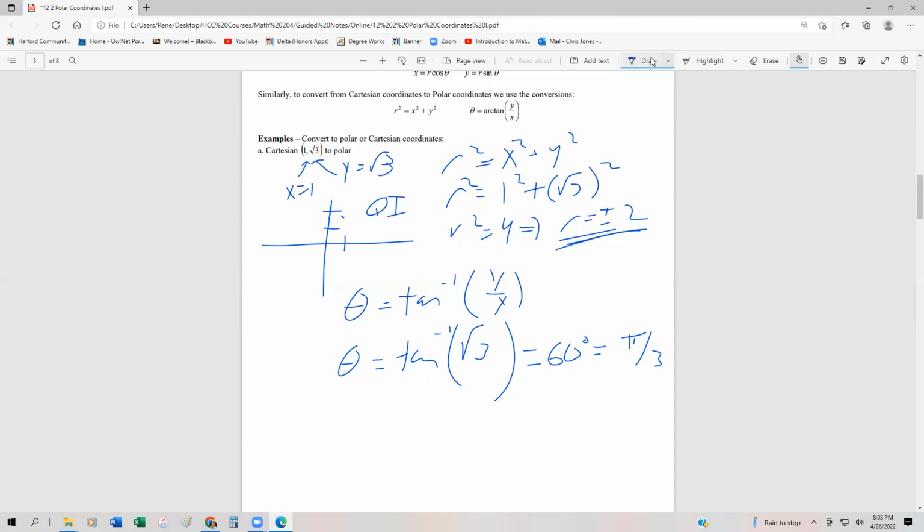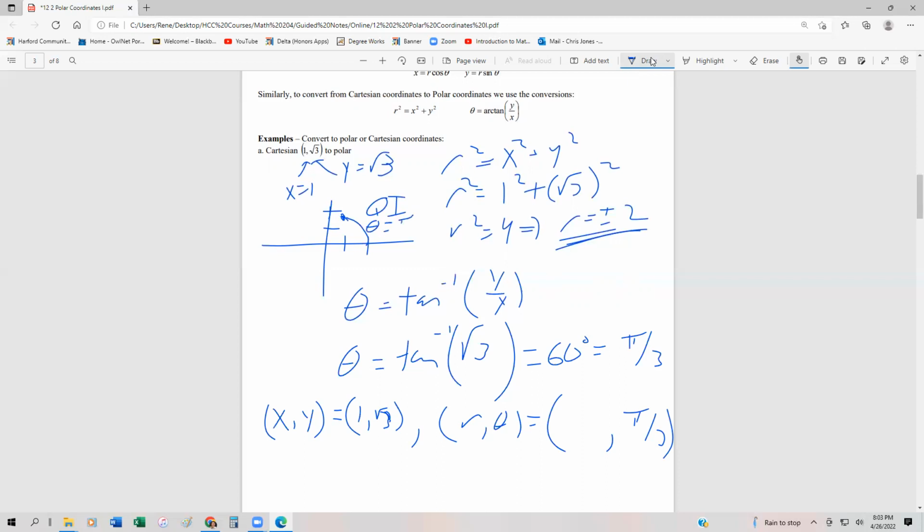So if we have (x, y) equal to (1, root 3), that means that in (r, theta), that's going to be equal to either plus or minus 2, but with pi thirds. I think clearly everybody could see that it has to be positive 2 for it to end up in quadrant number 1.